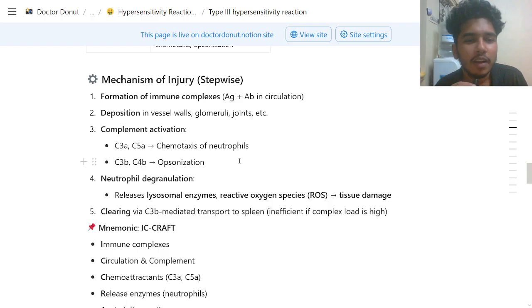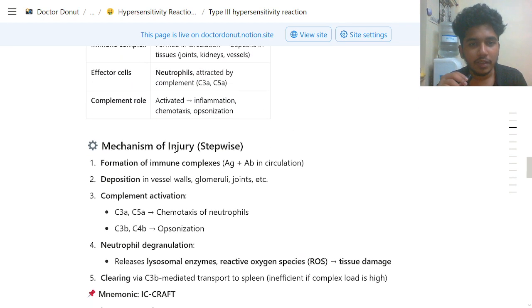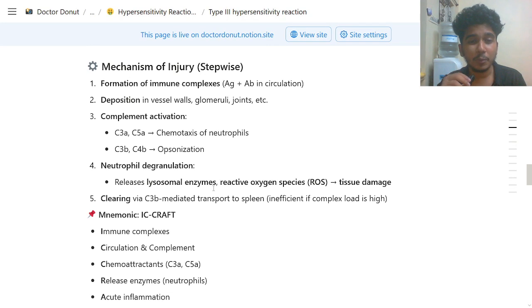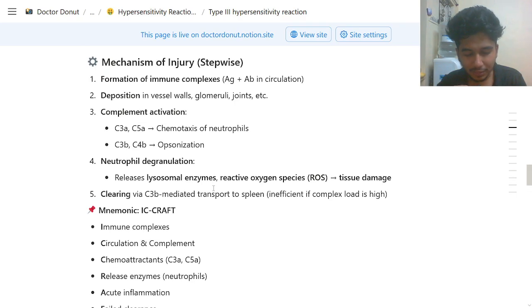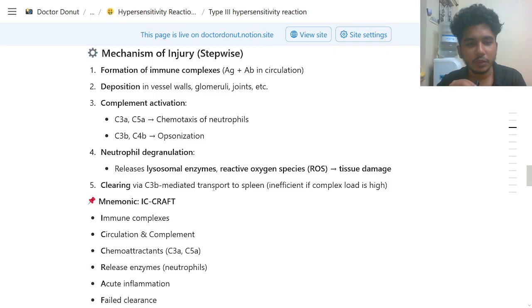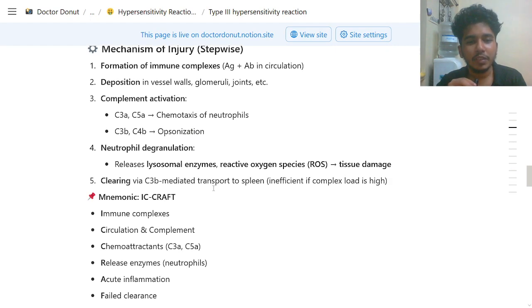So there is deposition in vessel walls, glomeruli, and joints, and then there is activation of C3a and C5a and C3b and C4b. God, I was mistaking them. So C5a is for chemotaxis, and C3b is for opsonization. Goodness, this is a long video. Then you have neutrophil dysregulation, where there is a release of lysosomal enzymes and reactive oxygen species, ROS, which leads to tissue damage.